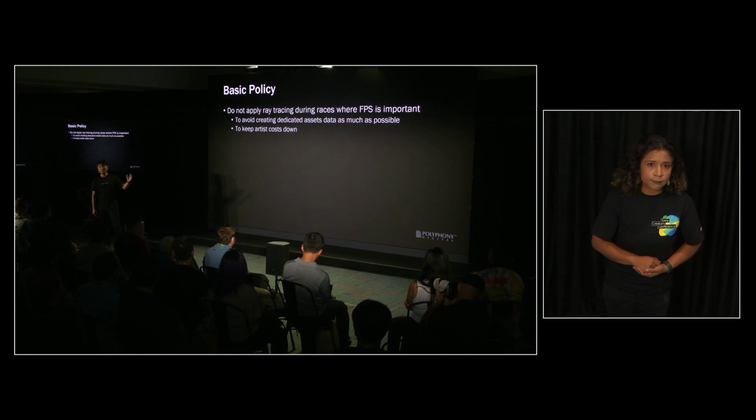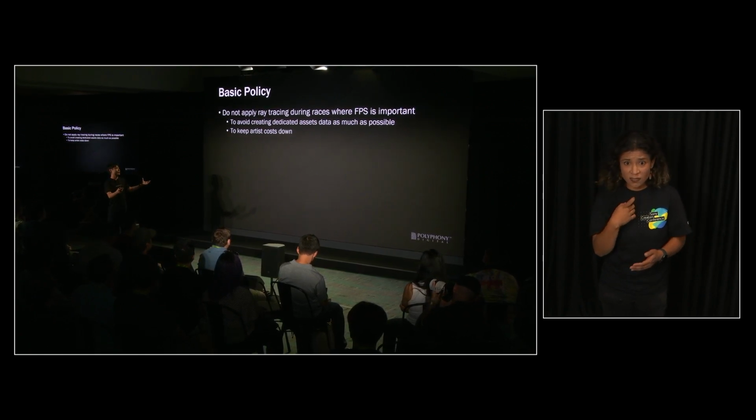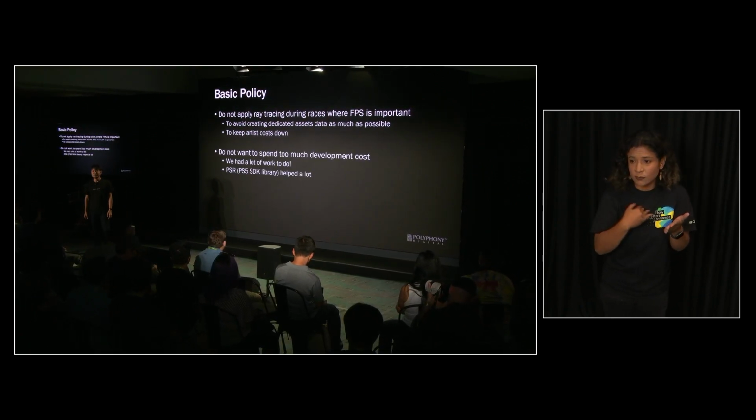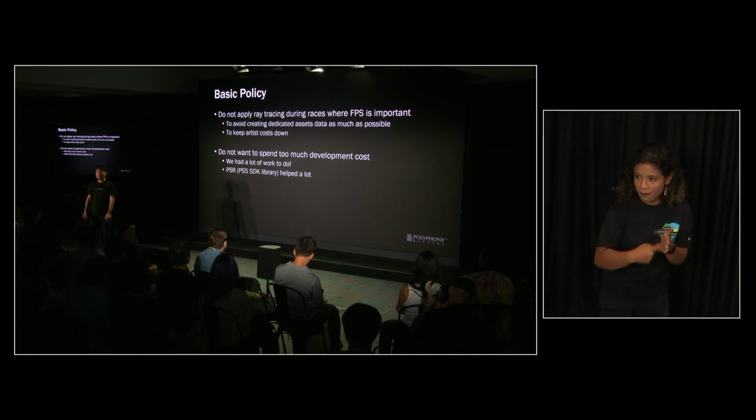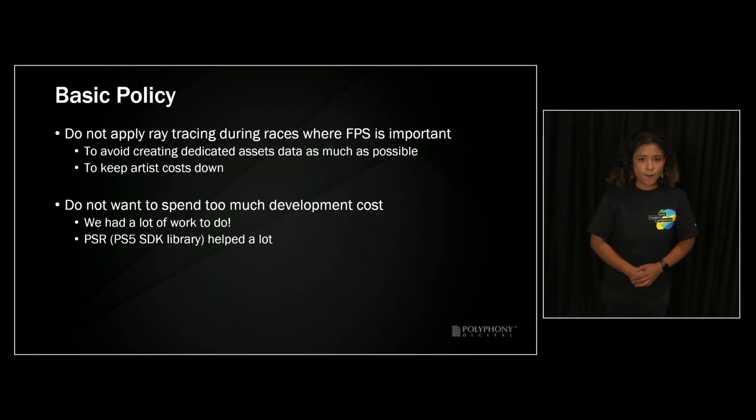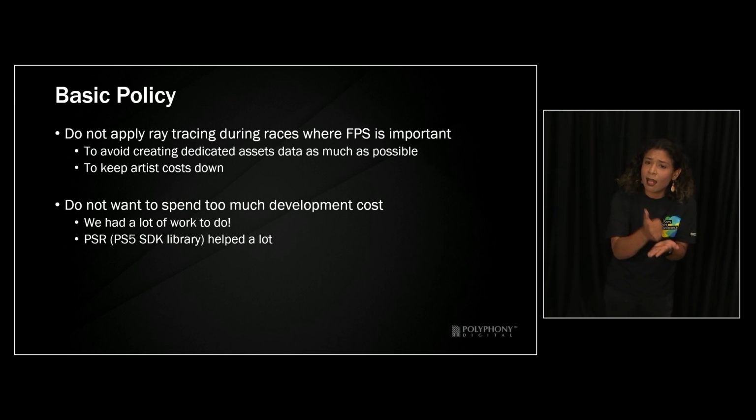As a result, we were able to keep artist costs down. And we also decided not to allocate too many development costs because we had a lot of other work to do. The SDK's PSR library was well developed, which helped us significantly and reduced development cost.